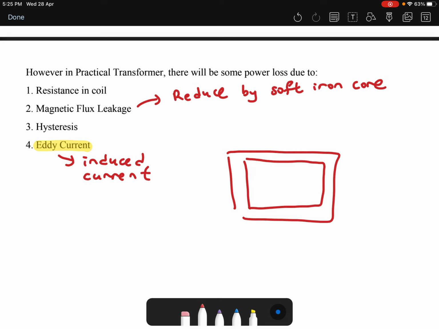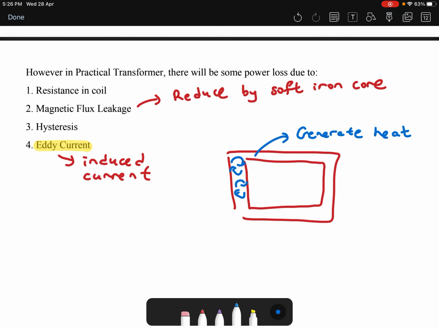So there will be some eddy current being induced because of your changing magnetic field. This induced current will generate heat inside your transformer. This generation of heat will also cause some power loss.